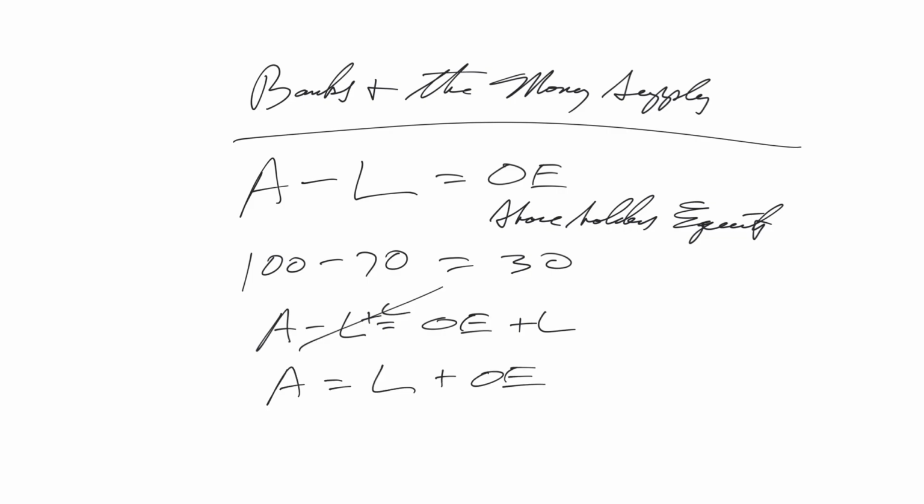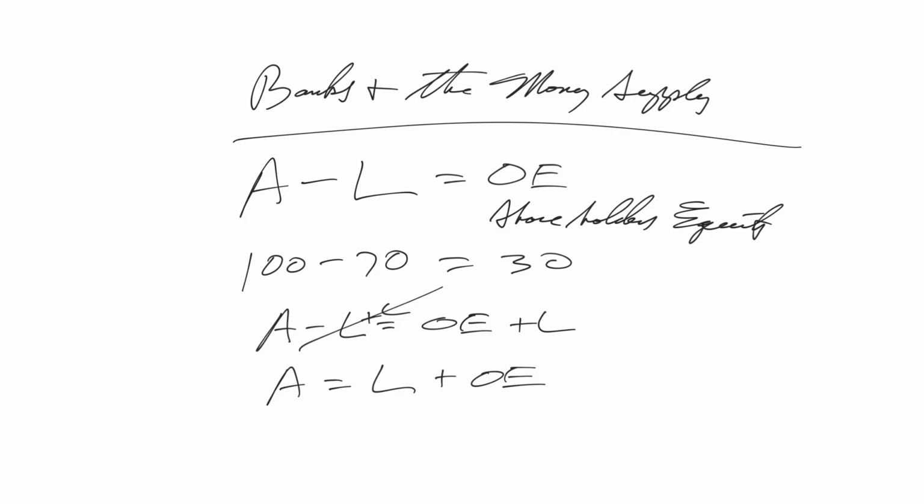In other words, looking at it this way, here are the firm's assets, and there are two groups who have a claim on the firm's assets: those the firm owes money to, and the owners of the firm. So you'll often see it this way.